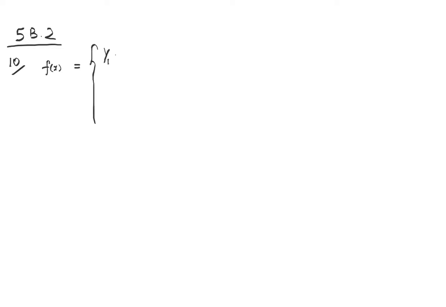I write my Y1 as 125 over 18 x squared, my Y2 as 9 over 10 x squared, zero otherwise. They will always tell you zero otherwise.